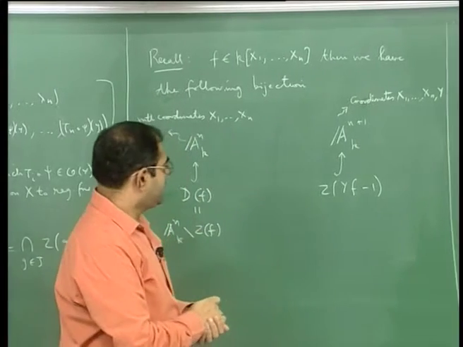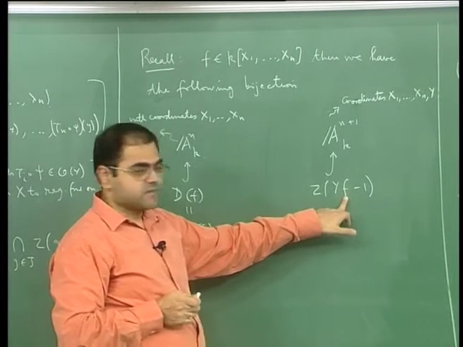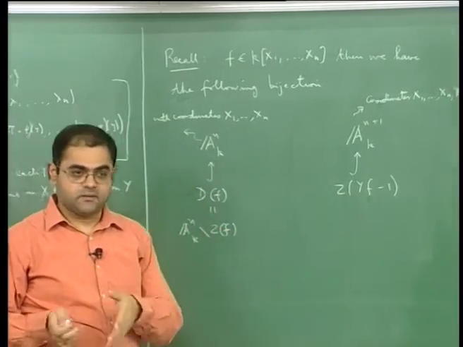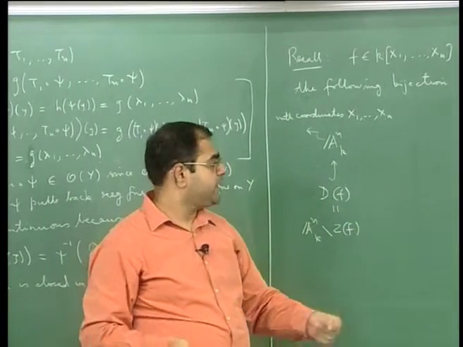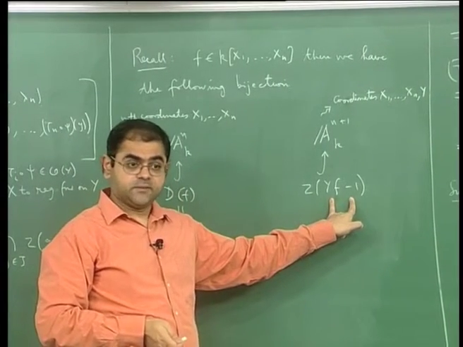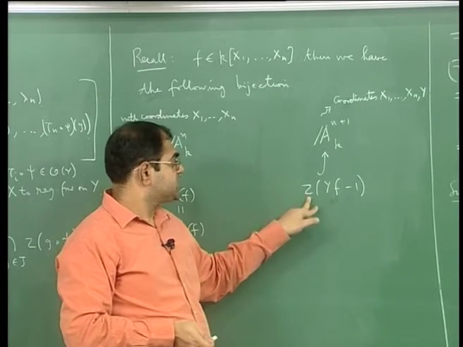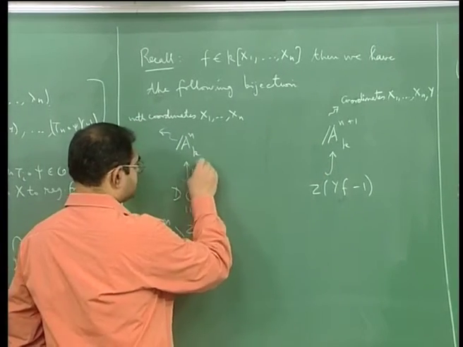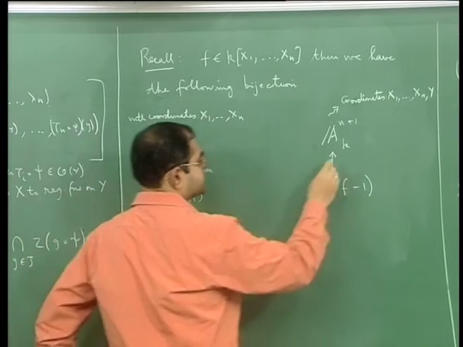So f is a polynomial in the first n variables, and yf minus 1 becomes a polynomial in all the n plus 1 variables. Okay, and this polynomial is irreducible, and its zero set therefore gives an irreducible closed subset of affine space. Mind you, this is open and this is irreducibly closed.